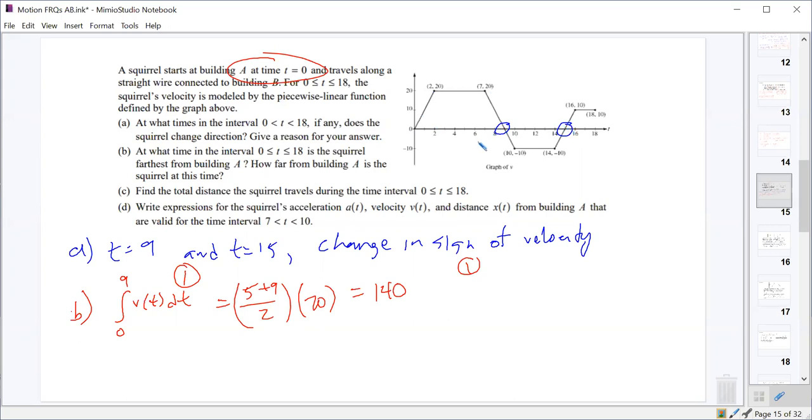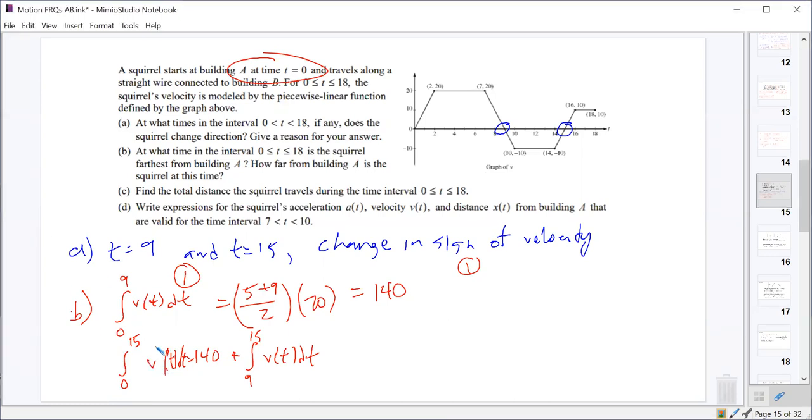And then we knew that it couldn't possibly be the furthest away at t equals 15, because then it's moving back towards the building. We would, though, want to figure out what the integral from 0 to 15 is, which ought to be 140 plus the integral from 9 to 15. The integral of v of t.